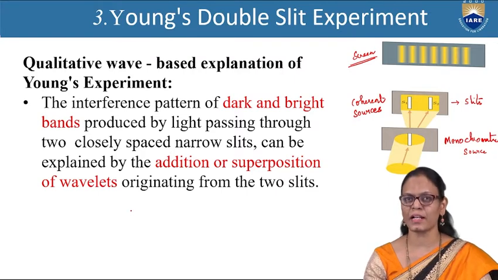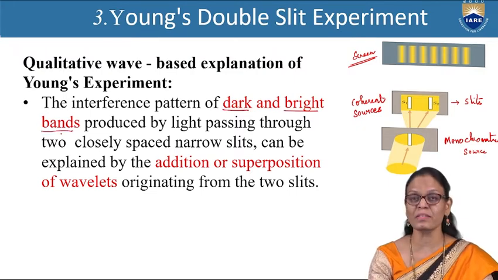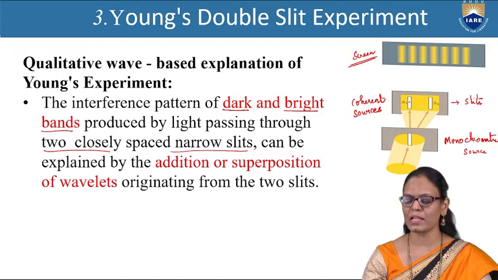So let us understand what is there here. The interference pattern of dark and bright bands; bands or fringes mean the same. They are produced by light passing through two closely spaced narrow slits, so these two slits should be closely spaced and narrow.